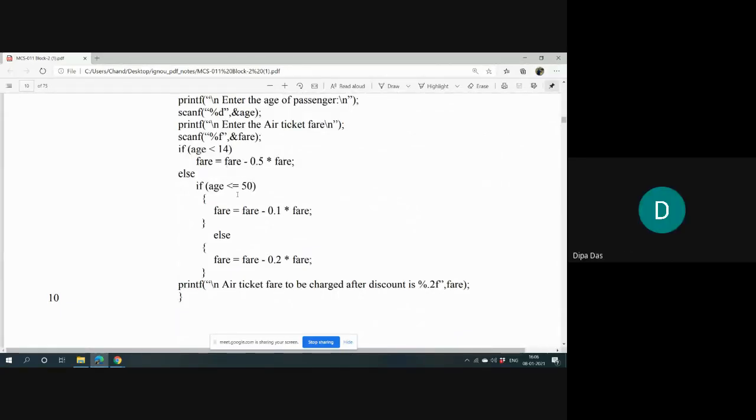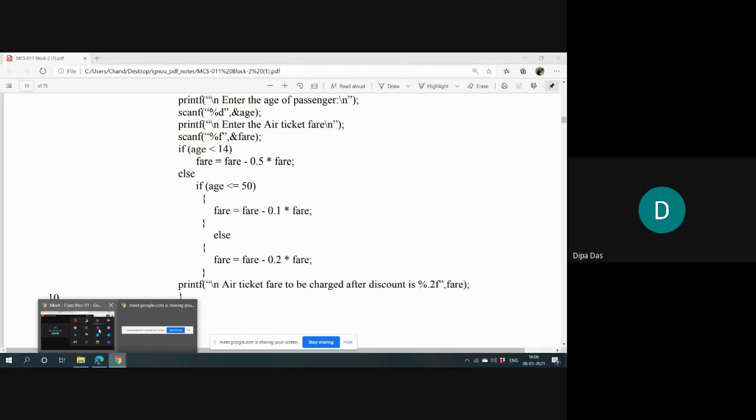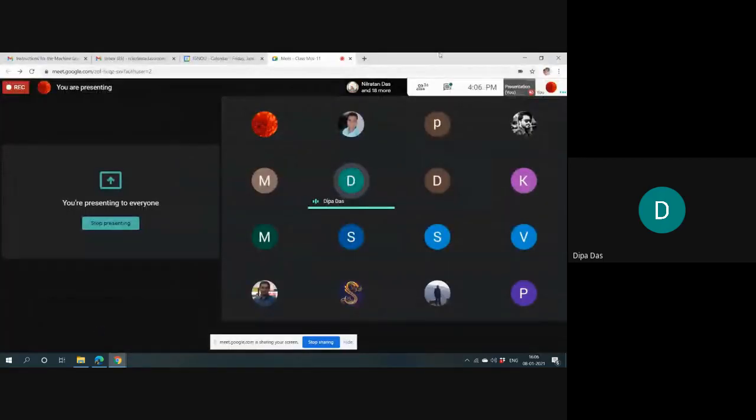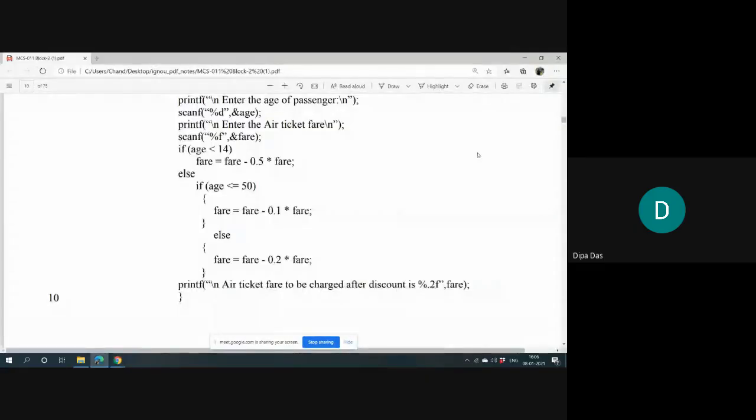Ma'am, I have a question. There are 3 conditions. First we use 2 conditions: one for below 14 years, and second one is equal to or less than 50. Only the person who is below 14 will enter here.